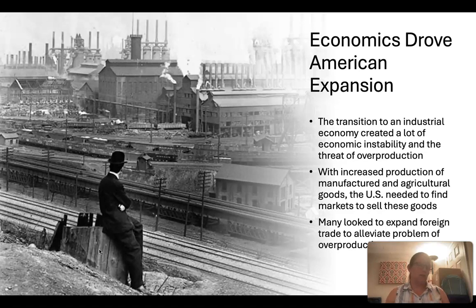The transition to this industrial economy, as we've seen, created a lot of economic instability and also social instability. The depressions during the 1880s and 1890s were much more severe than economic downturns had been before the Civil War. During the years when the economy was expanding, manufacturers would flood the market with goods.